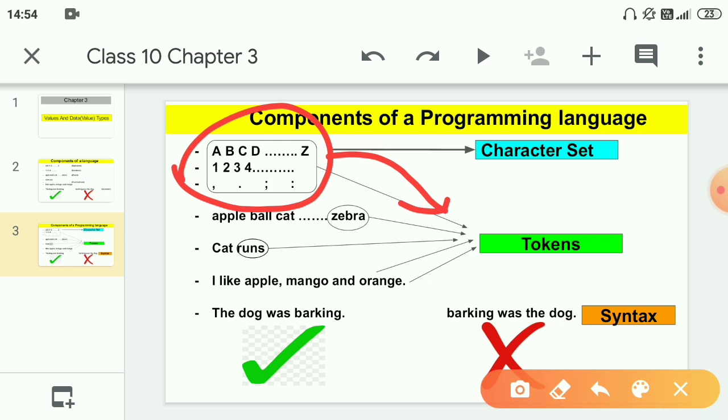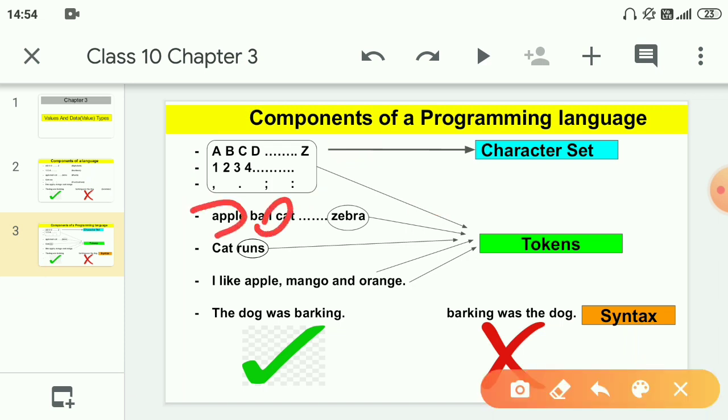Instead of having apple, ball, cat, these sort of words, we have certain words which convey certain meaning in the Java language. Obviously apple, ball, cat have no meaning in Java, because Java is a different language.